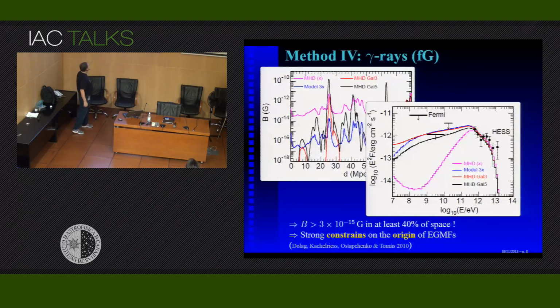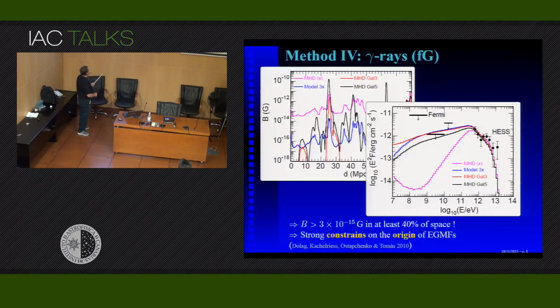So, for example, if you do this kind of very simplified model, you find that at least 40 or 50% of the line of sight has to be filled by these kinds of values. If you fill less of that volume with magnetic field, you can increase it to whatever value you want. You never get this kind of attenuation signal. So that's a really extremely important probe, because it's not only probing a magnetic field value, but also a filling factor, which is a very nice part of that game.